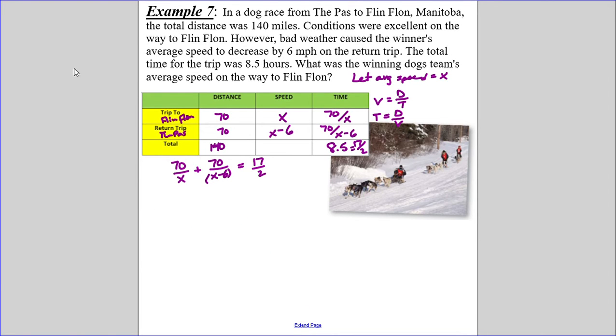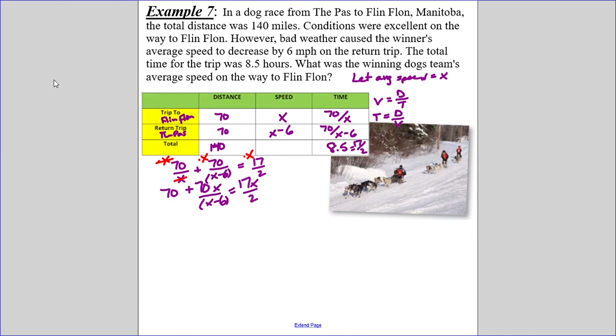My next step is to multiply by x, multiply by x, multiply by x, because I want to cancel these out. That's going to cancel out those two terms. Then I'll write what I have left over: 70 plus 70x over x minus 6 is equal to 17x over 2.